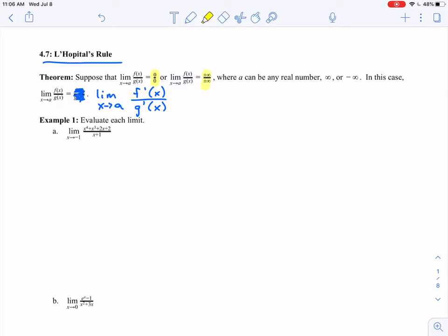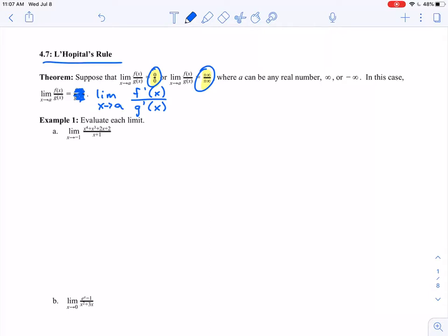The one thing I will say, you've got to show that your limit ends up in either 0 over 0 or infinity over infinity. If your limit doesn't look like that, then with L'Hopital's rule, this equality doesn't necessarily hold.